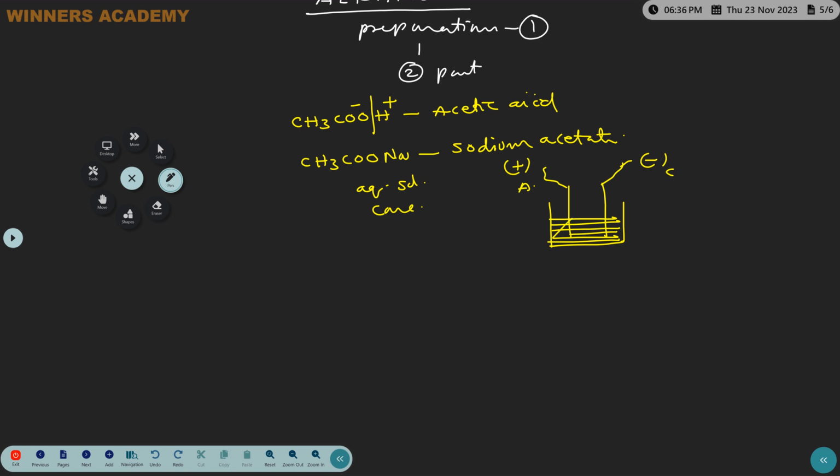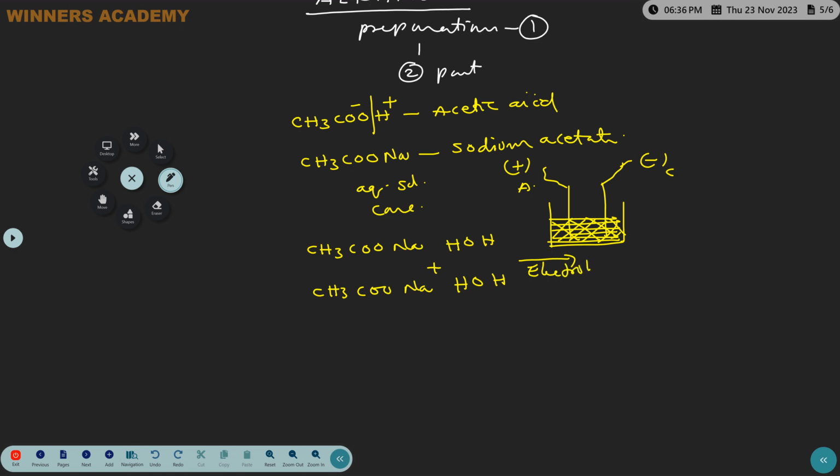When electricity is passed through these electrodes into the solution, what happens? 2 moles of CH3COONa, the sodium salt of acetic acid, plus water, because it is an aqueous solution, so it contains H2O.